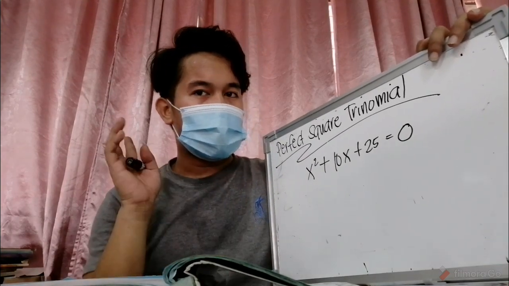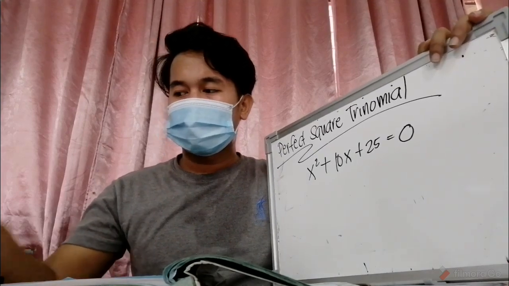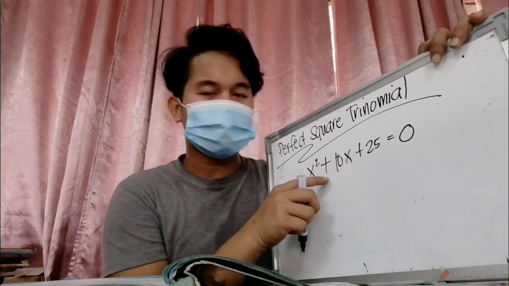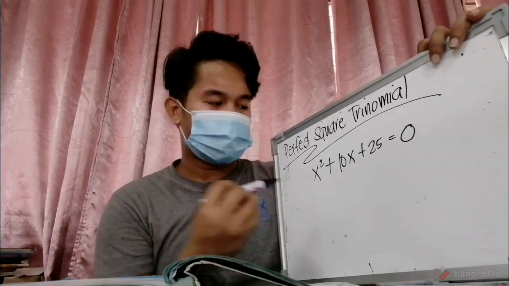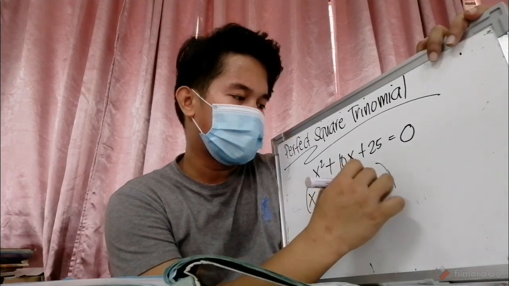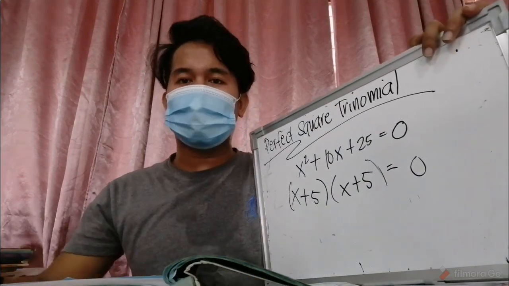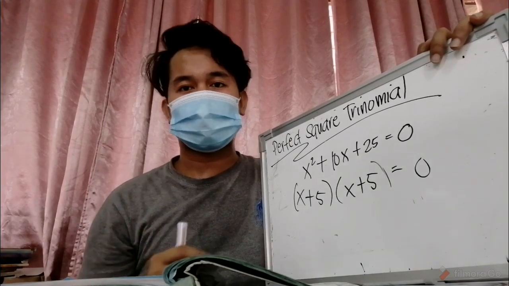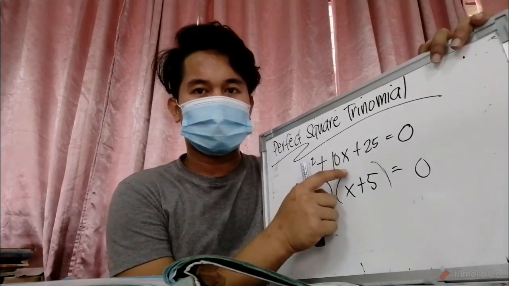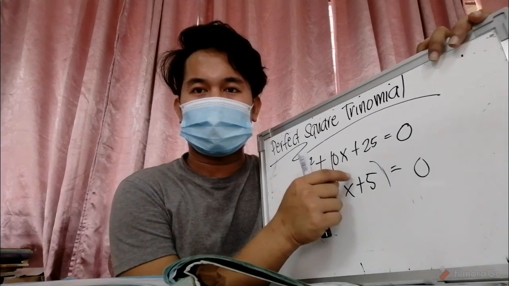And dahil positive ang sign natin dito, therefore our factors are x plus 5, x plus 5 equals 0, because if we're going to add 5x and 5x, the answer is 10x. Okay, the middle term of the quadratic equation.